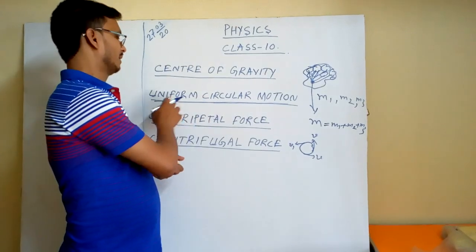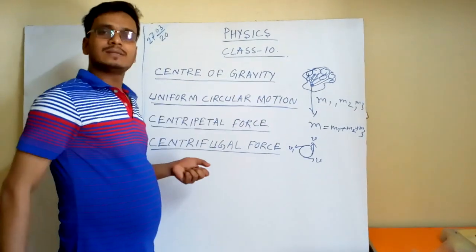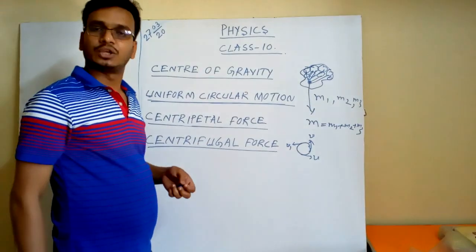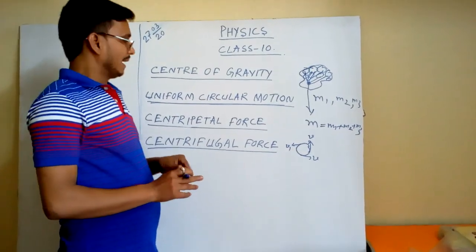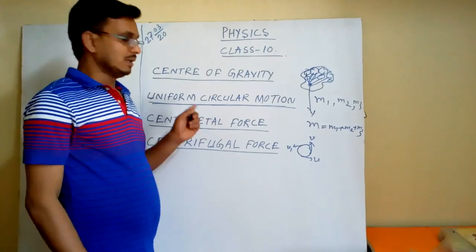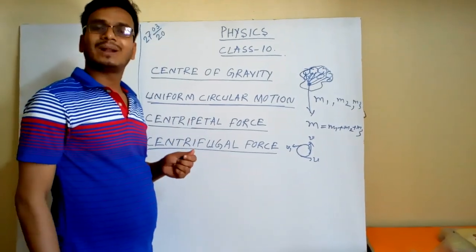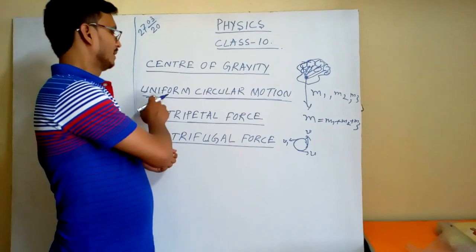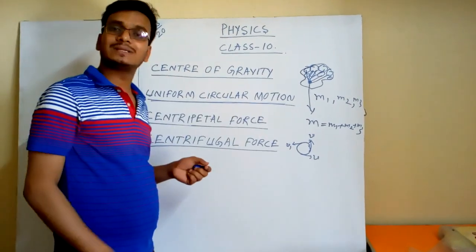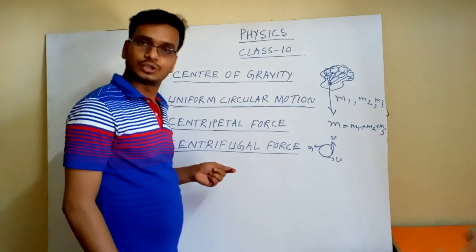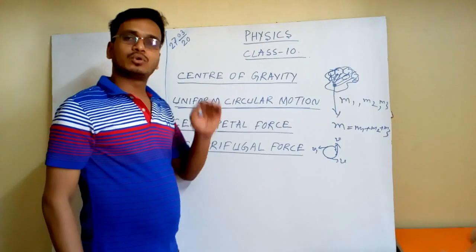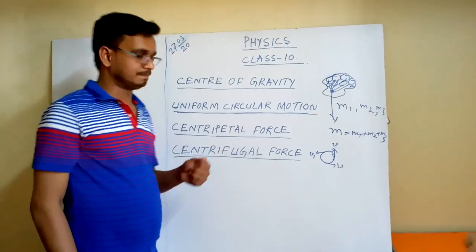In the case of circular motion, here also the velocity does not change but it moves in a circular path. Linear motion is unaccelerated motion, and circular motion is accelerated motion. So this is the basic difference between uniform circular motion and uniform linear motion.